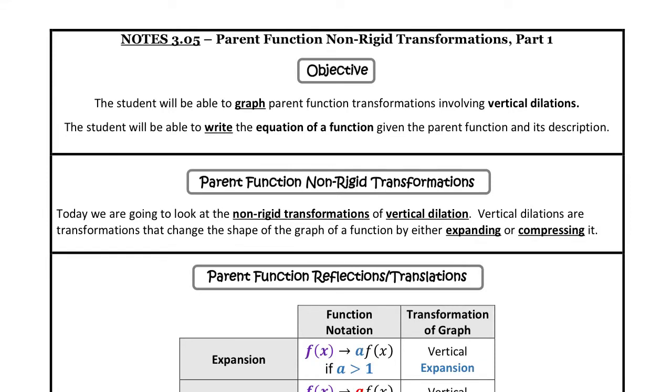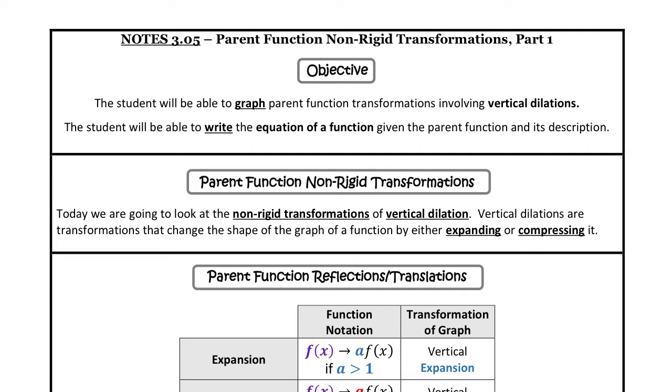Good morning, guys. Today we're going to continue on our notes for transformations. This is notes 3.05. We're going to be talking about vertical dilations. Okay, and this is considered a non-rigid transformation, meaning that it's actually going to change the shape of the function.